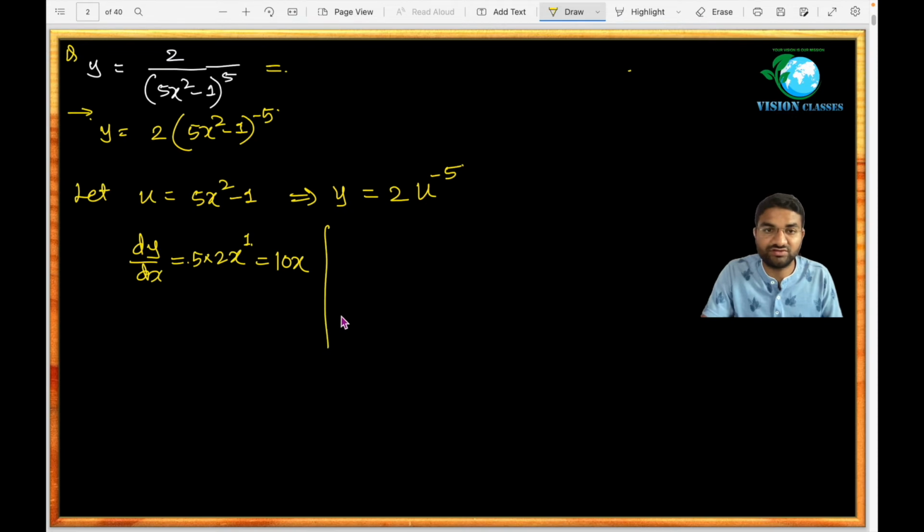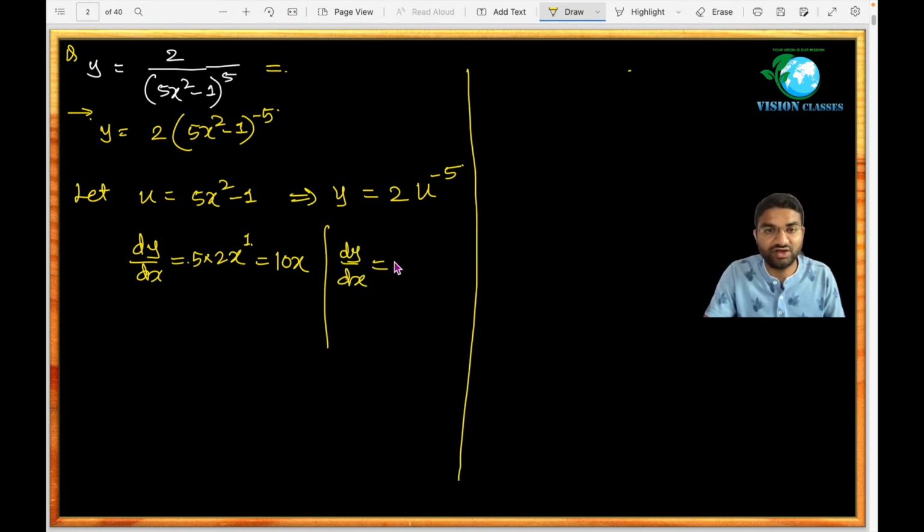And for this one, you will get dy by dx is equal to 2 times negative 5 u raised to negative 5 minus 1, it's negative 6. Getting it? Then you can put back this value of u here, or you can simplify it in the next step, no worry.